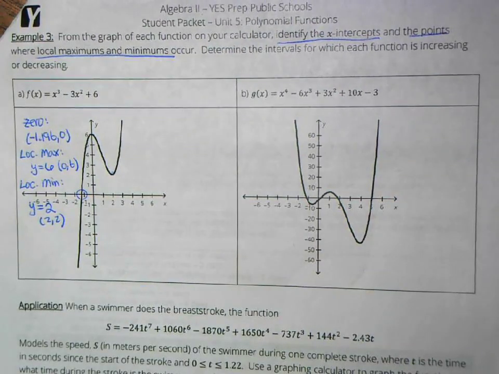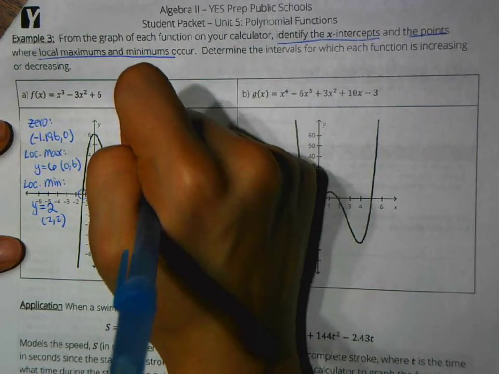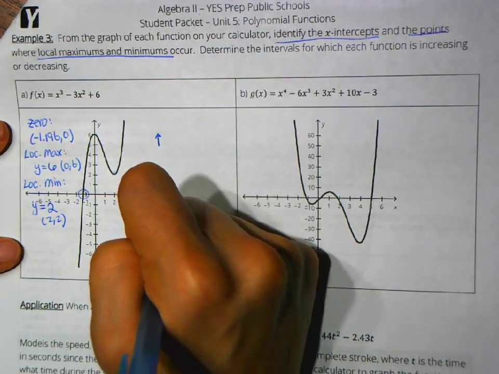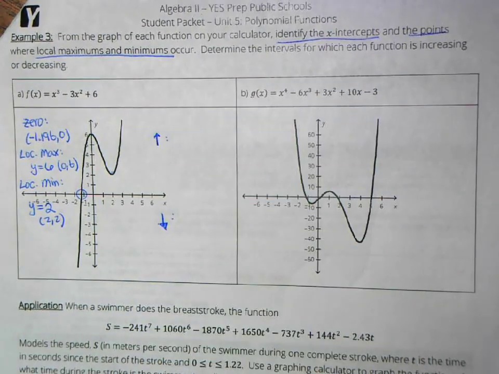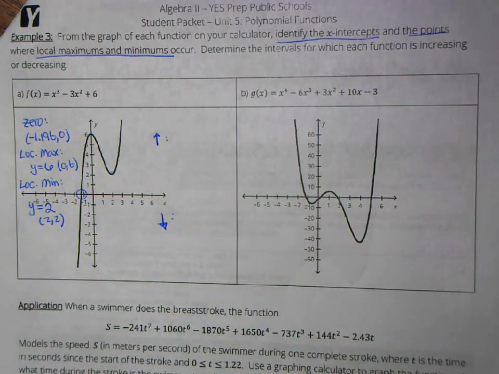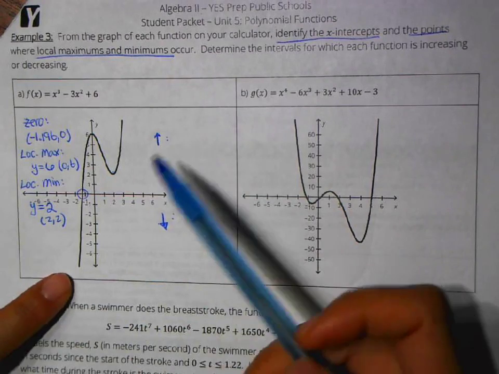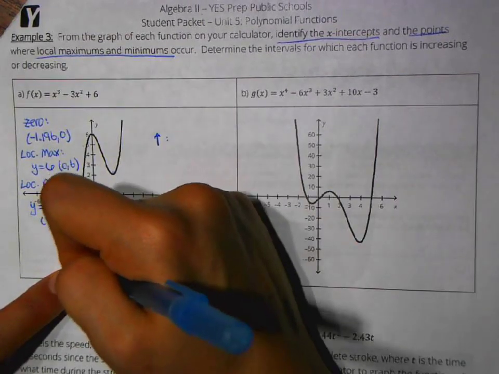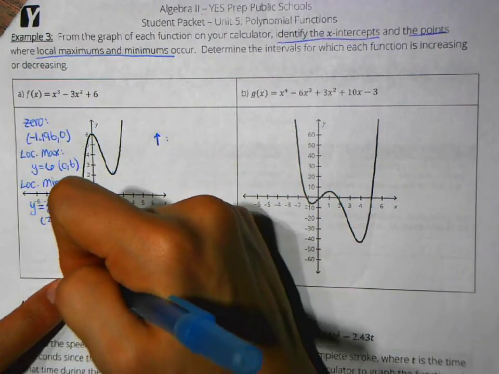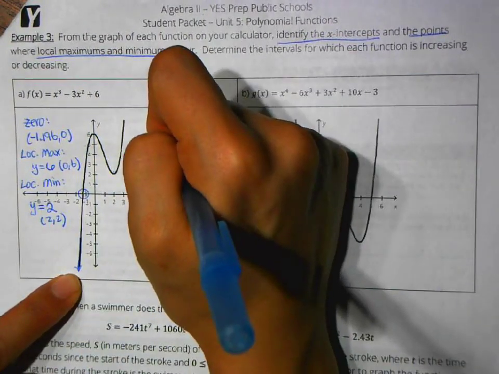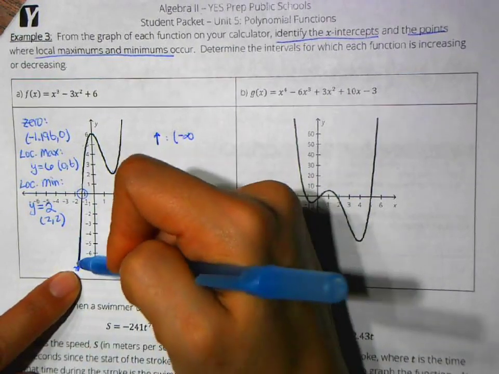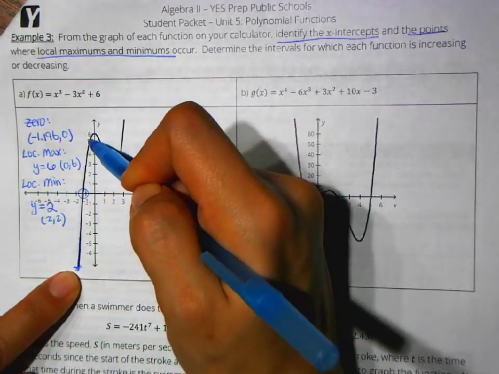Well, this is important because now we're going to have to talk about when the graph is increasing and when the graph is decreasing. Increasing is when the graph has a positive slope. And in this case, if I'm looking at the whole graph, reading from left to right, this part right here, from all the way down at negative infinity, it doesn't really have a starting point, and it keeps increasing up until this point.